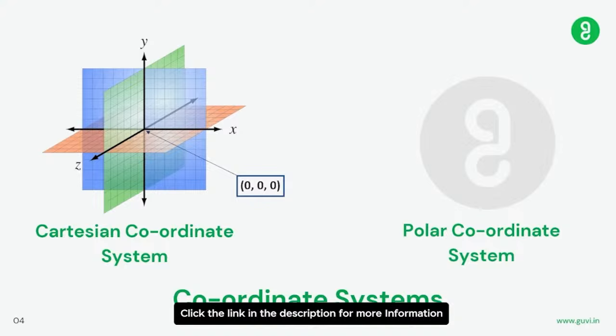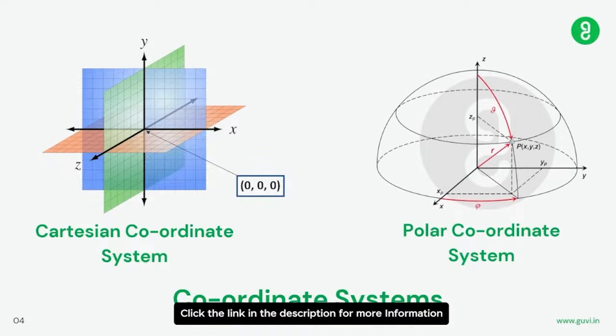The x-axis extends horizontally, the y-axis extends vertically, and the z-axis extends perpendicular to the x and y axes, or the XY plane. Each point in this system is defined by its distance along each axis from the origin.